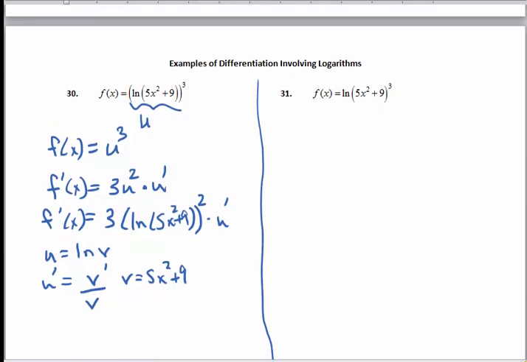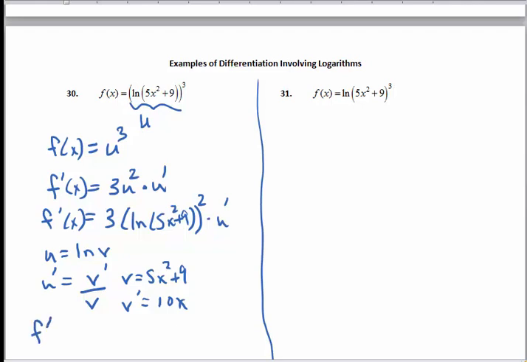All I'm going to do is replace v with 5x squared plus 9 and v prime with 10x. Right? So this was kind of like a chain rule inside a chain rule, because it was really the composition of three functions. So what do I end up with here?